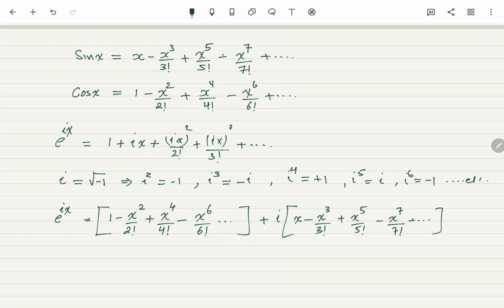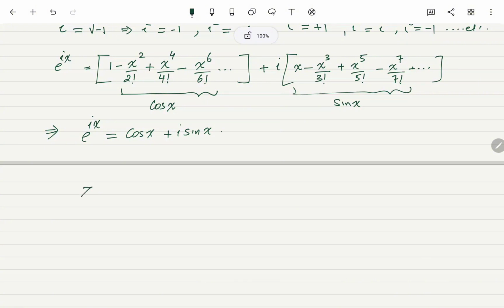As we can see here, this part is cosine x and this part is sine x. Therefore, and this is very important, e to the i x equals cosine x plus i sine x.